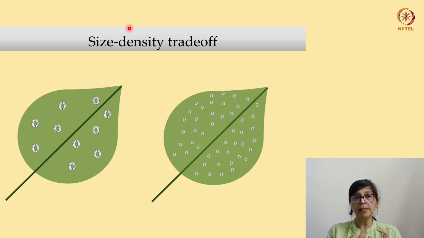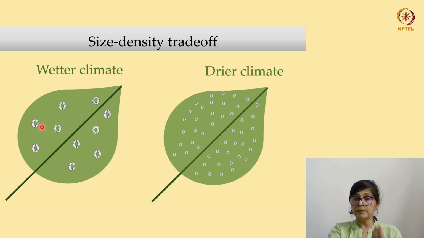You will be very surprised, because as I said, if there are bigger pores, the minimum amount of water loss through these pores is more. So these kinds of patterns generally came to be seen in wetter climates, whereas smaller, numerous stomata are, scientists are even now finding, more associated with drier climates.